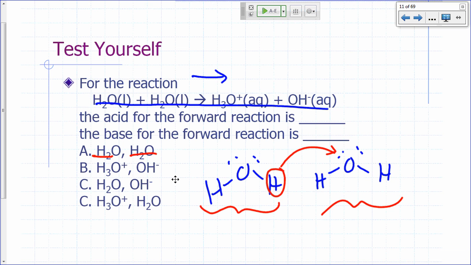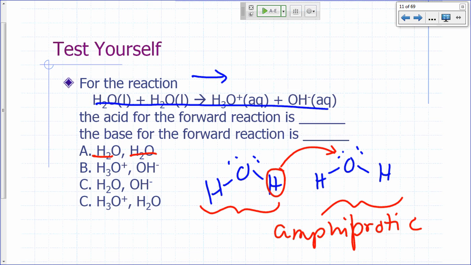So in this particular case, we say that the acid and the base are the same type of molecule. Water, you'll notice, is capable of donating a proton, and it's capable of accepting a proton. You call it an amphiprotic species.